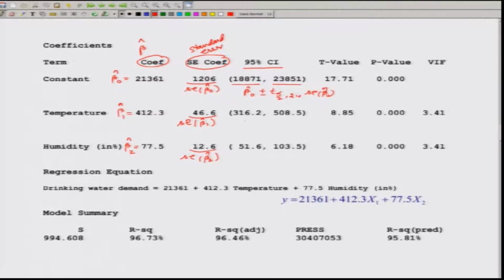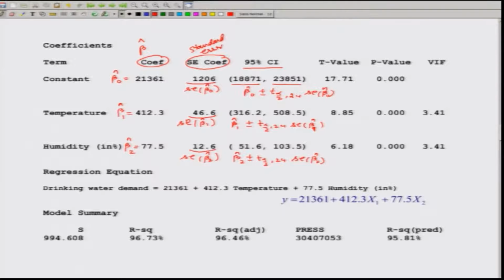And similarly, this is also the confidence interval for beta 1 hat, obtained like this with alpha equal to 0.05, and this is the confidence interval for beta hat 2. This is obtained at alpha equal to 0.05 with 24 degrees of freedom and the standard error of beta hat 2. Okay. So these things give us this idea.